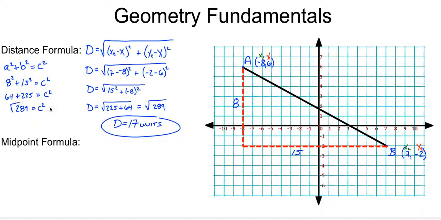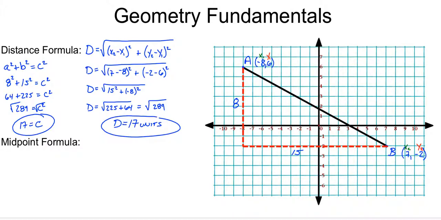And if I take a square root of both sides, I'm going to get 17 is equal to c. So I can do it using Pythagorean theorem as well, which in a lot of cases, most students think is much easier than remembering the distance formula. For obvious reasons, I guess, the Pythagorean theorem is much easier to remember. So if you don't remember the distance formula, you can always create this triangle right here and figure out what it's going to be just using Pythagorean theorem.